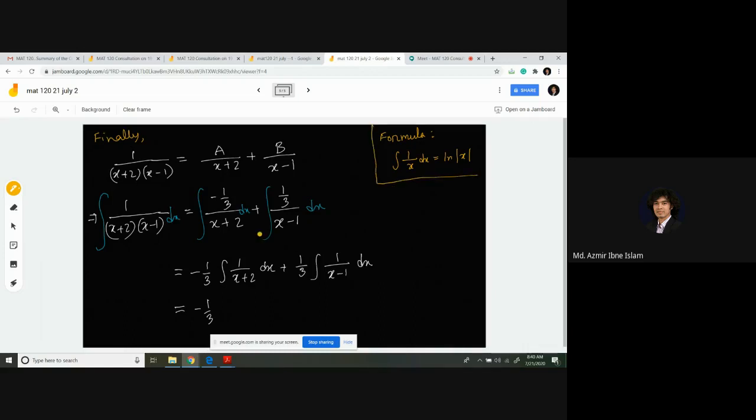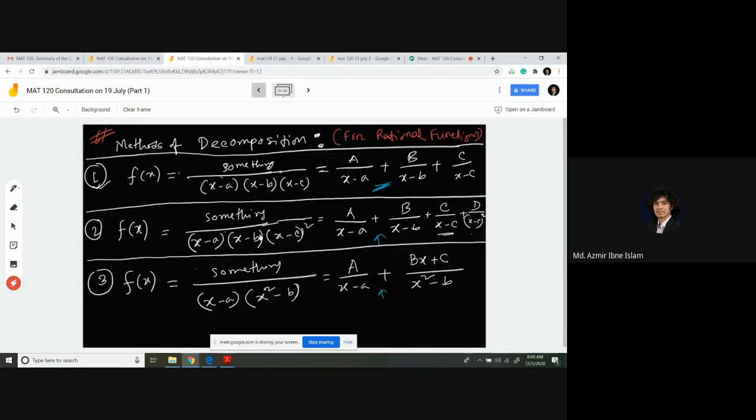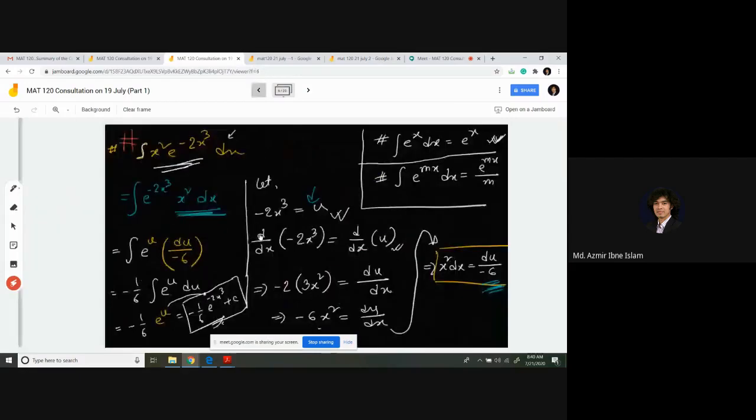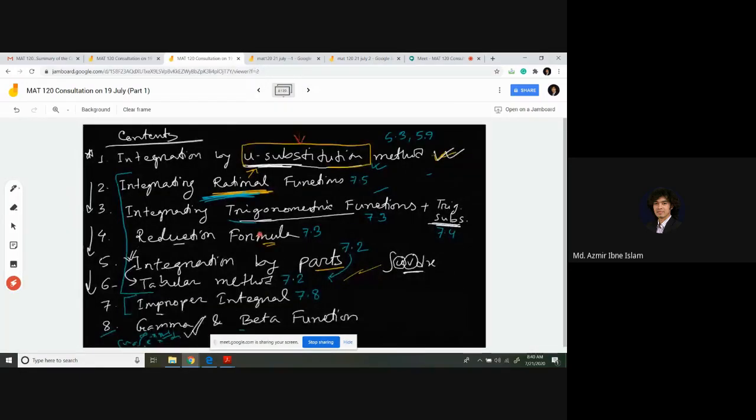Here we have x plus 2 and x minus 1. Now I can directly find the answer, but for your better understanding of what concept is working behind, I want to tell here. In my first consultation I discussed the u-substitution method. Okay, sir.